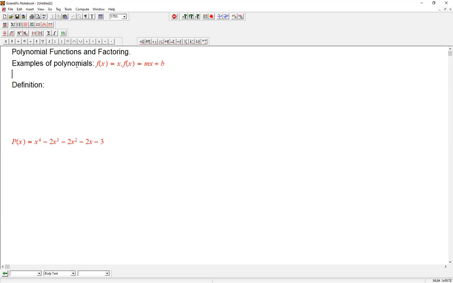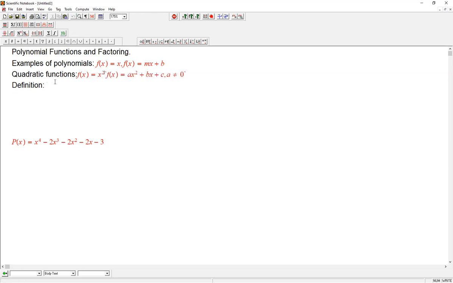And quadratic function. A quadratic function is a polynomial with degree 2. So ax squared plus bx plus c, where we assume a is not 0. And of course, we have seen other examples of even simpler polynomials, such as f of x equals x squared.